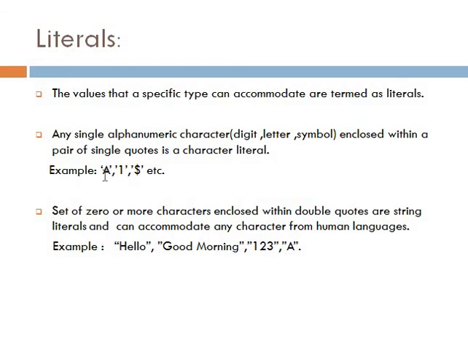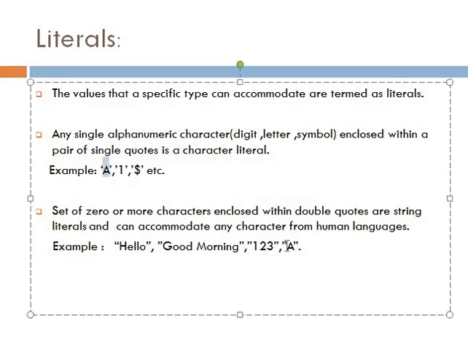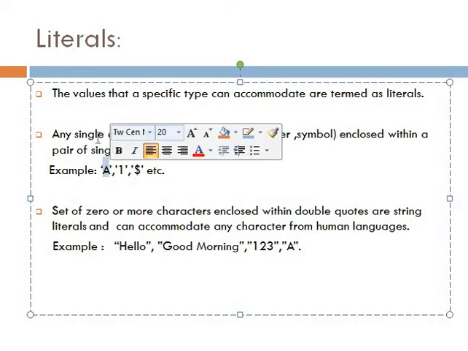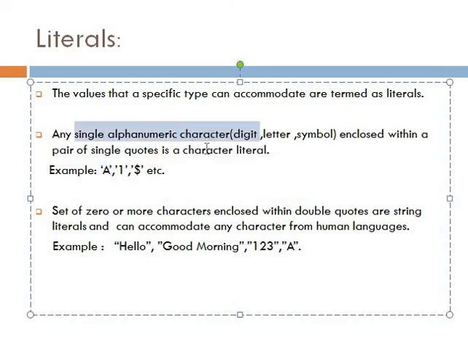Now note the difference between this A and this A. This A is enclosed within single quote, whereas this A is enclosed within double quote. When any character is enclosed within single quote, this becomes an alphanumeric character, and when any character is enclosed within double quote, this becomes a string.